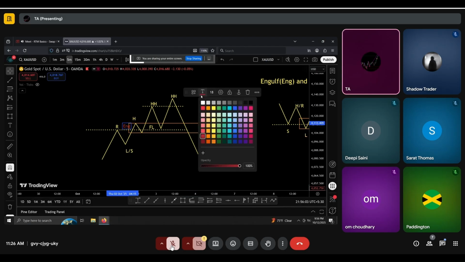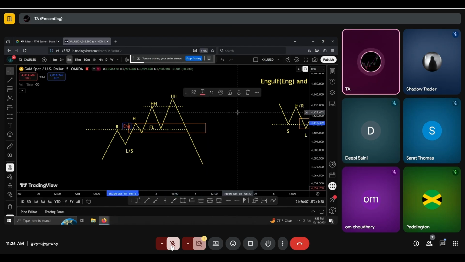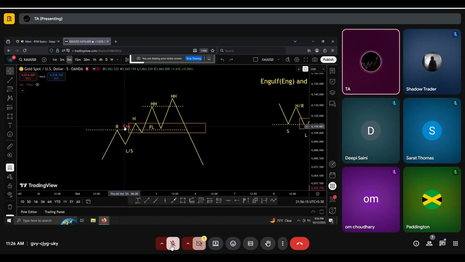Okay, engulf. Here is engulf. Here is the engulf. Then another engulf takes place here. When this high broke to upside, another engulf happened here.